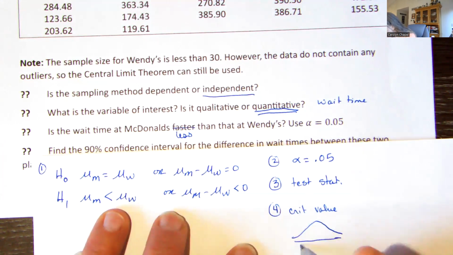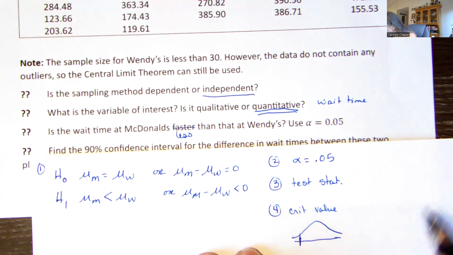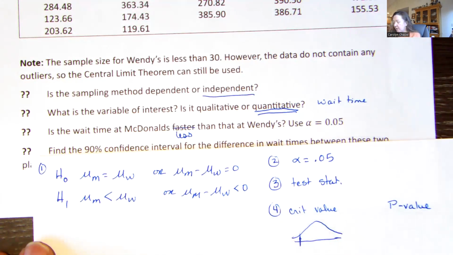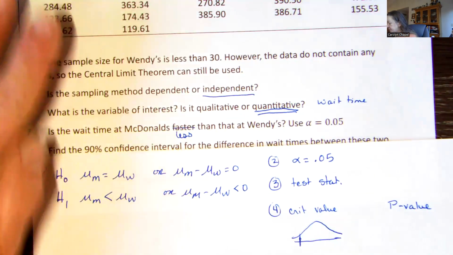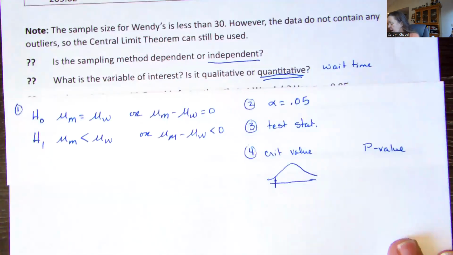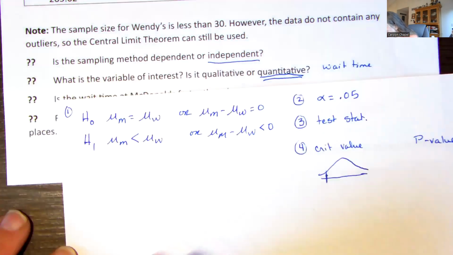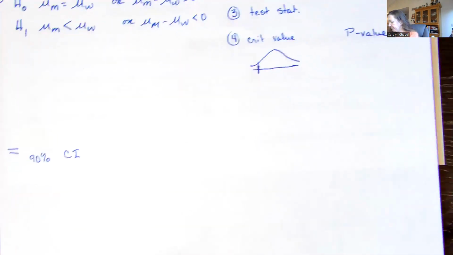We want this to be smaller, so we want this to be less than, so we'll be down here somewhere. Also want our p-value. And then we will do our decision and our conclusion. While I'm in StatCrunch, we also want that 90% confidence interval. I'll put 90% confidence interval right down here as well.